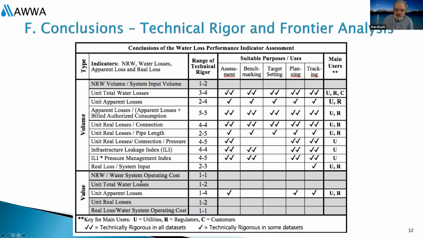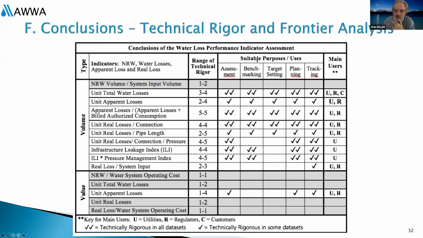So this is a summary table of everything that you've seen, and the ones that are grayed out are not recommended. They don't rise to a 3. What I've done here is I've shown the range of the technical rigor, like from 2 to 4, and I've put 1 check mark.